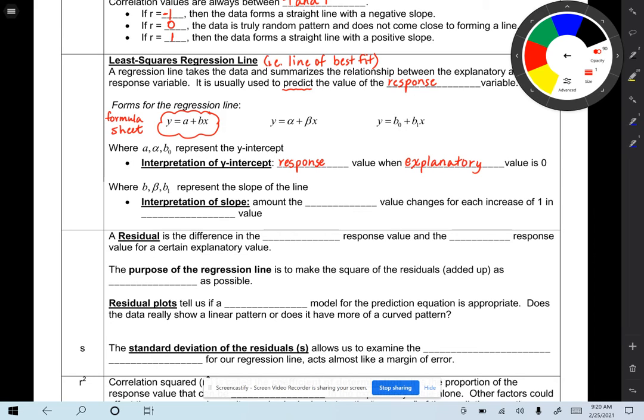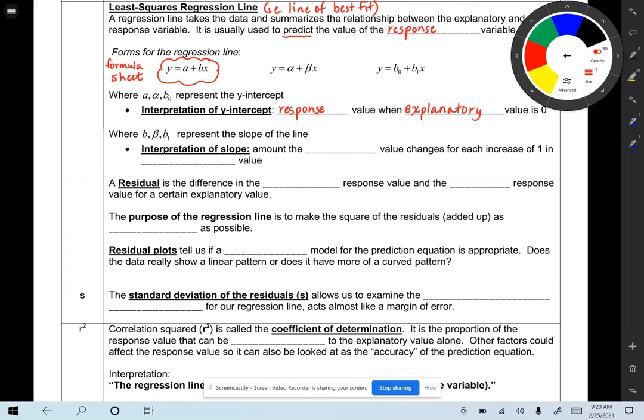And then b, beta, and b sub 1 represent the slope of the line. And the interpretation of the slope, students miss interpretations a lot, so this is a good review. The interpretation of slope is the amount the response variable changes for each increase of 1 in the explanatory variable.